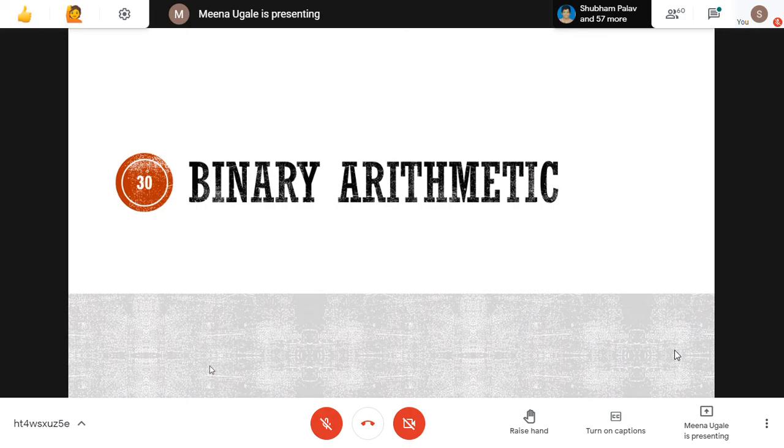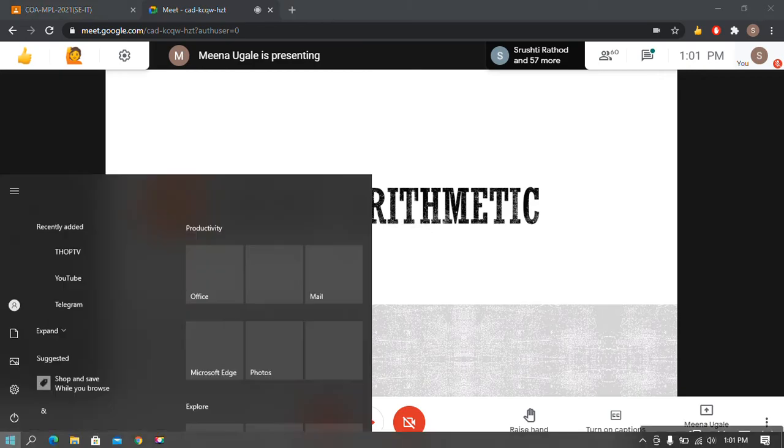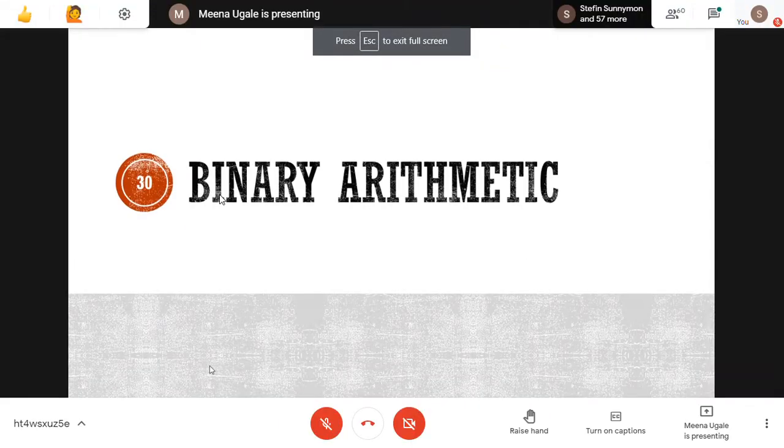And in 2's complement, for negative numbers, how do we go? First we take the 1's complement and then we add a single 1 bit to the LSB. Whatever number you get will be its 2's complement representation for that negative number. Positive numbers will be represented as they are, no change in that. Got it?